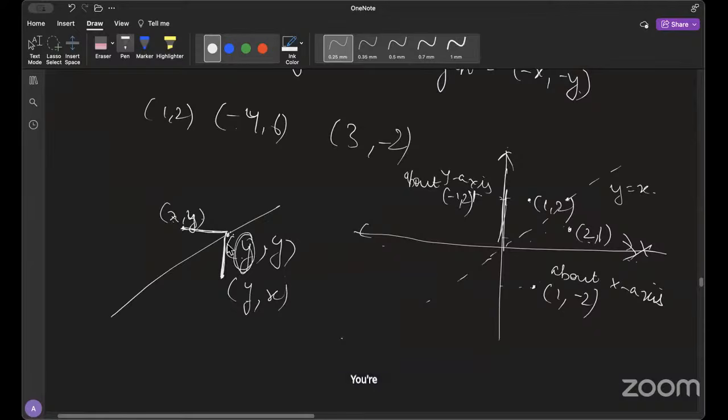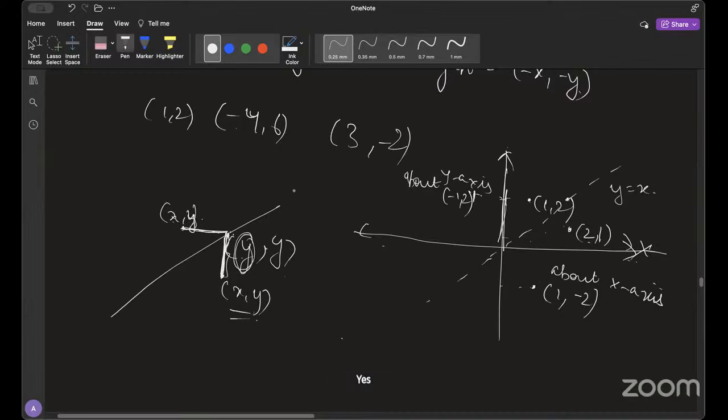You're going the same distance down as was here. So you move this distance there, that's it. This becomes xy. Is this okay?